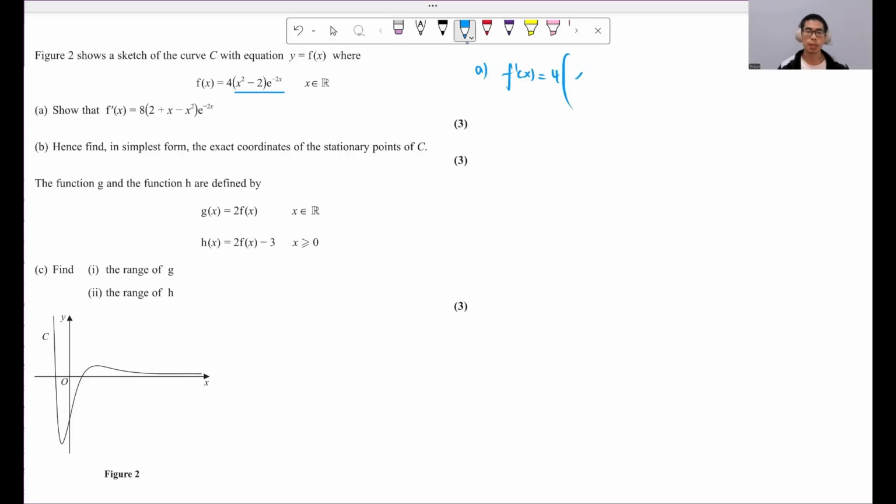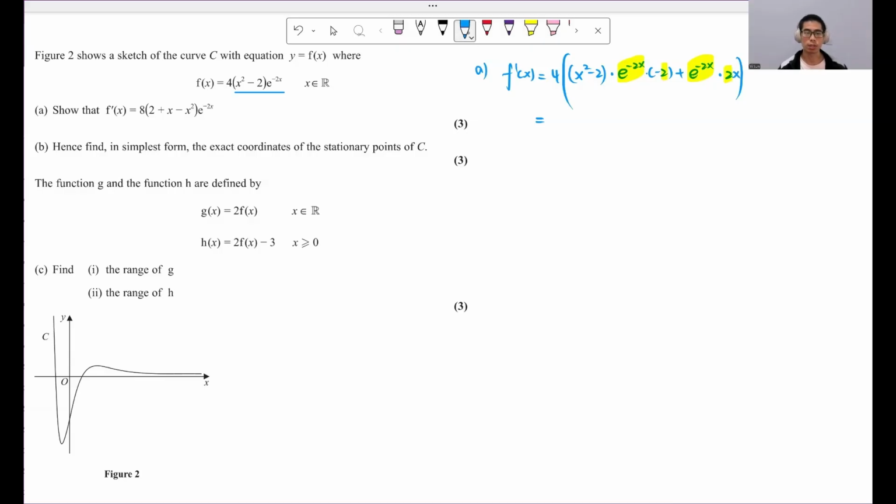So that would be x squared minus 2, which is u, times the derivative of e to the power negative 2x, which is e to the power negative 2x times negative 2, and then plus e to the power negative 2x, the same, times the derivative of x squared minus 2, which is just 2x. Then to simplify, we can factorize out e to the power negative 2x and also 2, because that's the common factor for both of them.